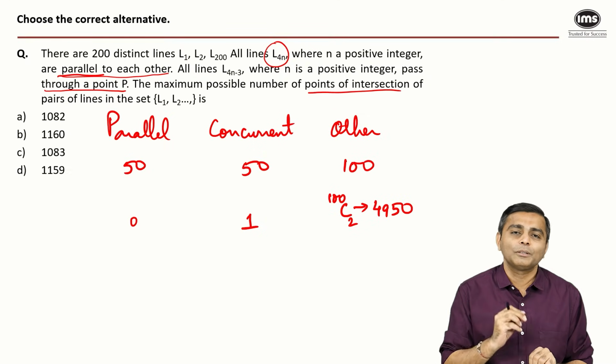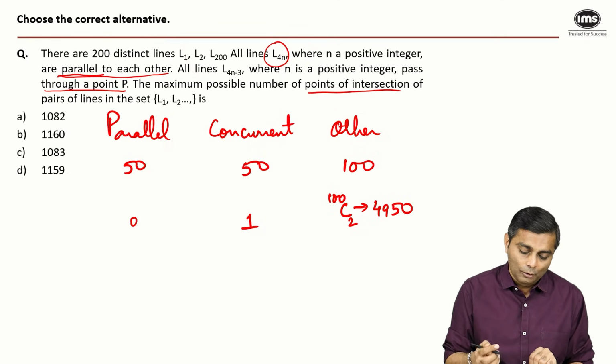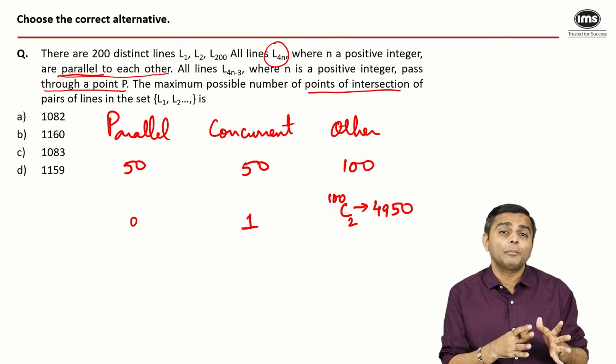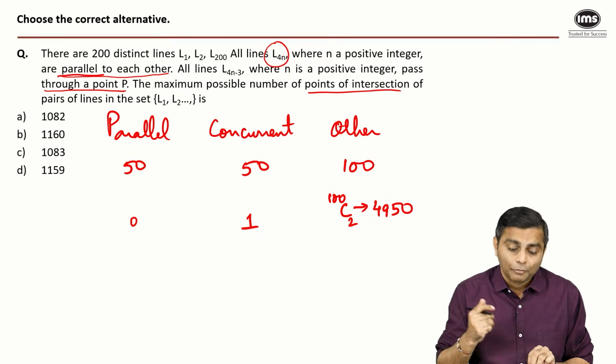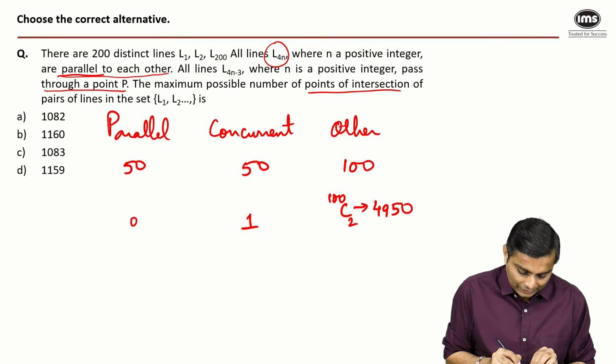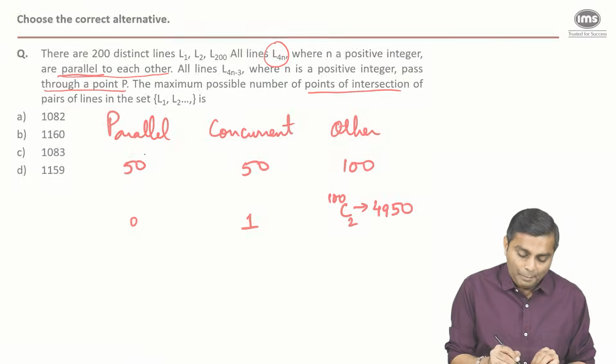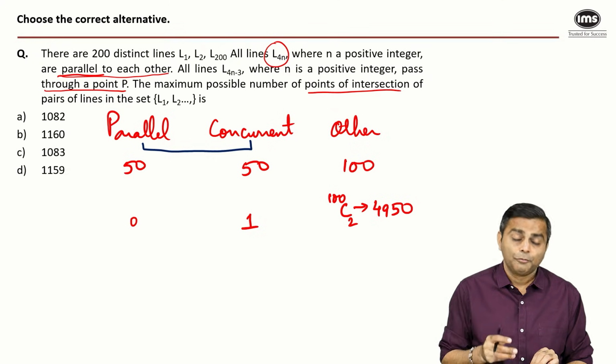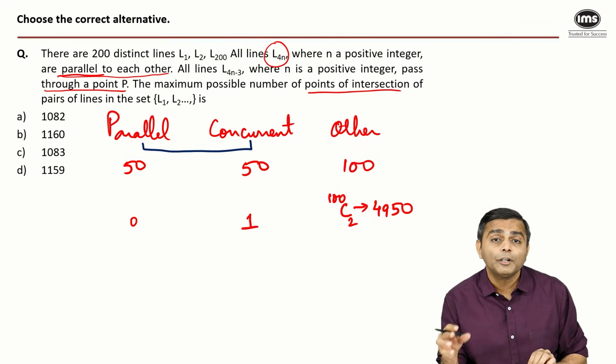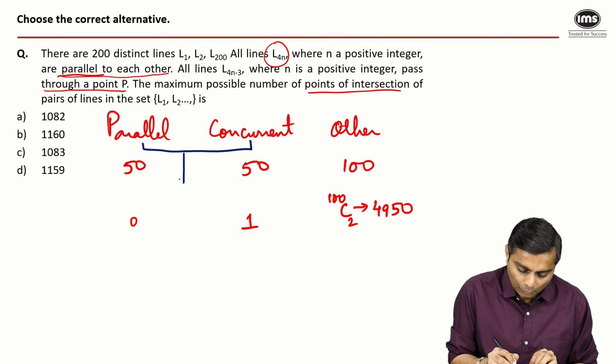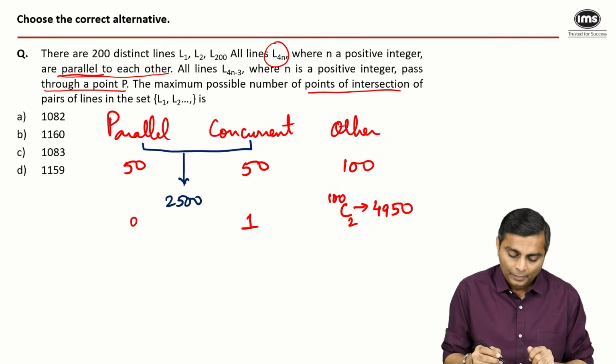Now is the most important bit. We also have to think about the 50 parallel lines with the 50 concurrent lines. What is this going to contribute? They are going to contribute 2500 points, 50 into 50.